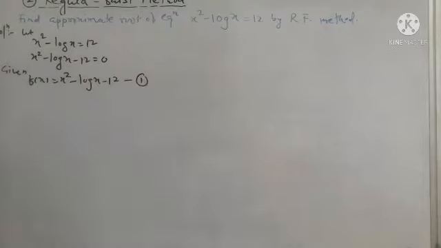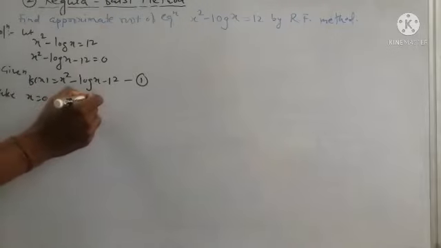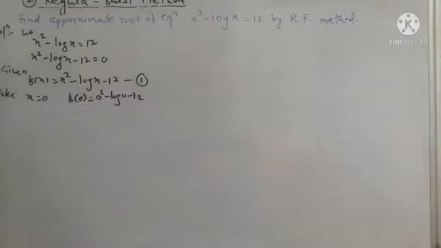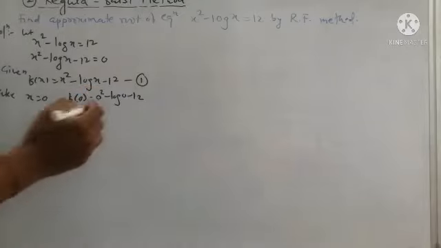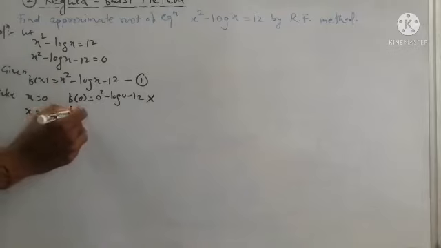Now to define the interval in which the root of this function lies, we take the integer values of x, first 0, so we get f of 0. By putting x as 0, we get 0 square minus log of 0 minus 12. As log of 0 is not defined, we cannot get the value of this, so we take x as the next integer value 1, so we have f of 1.